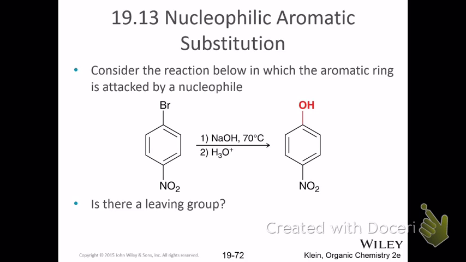They're sp2, right? If it's a backside attack to replace this bromine with an OH group, it doesn't make sense. The backside's in the middle of the ring. It can't even get close to that.